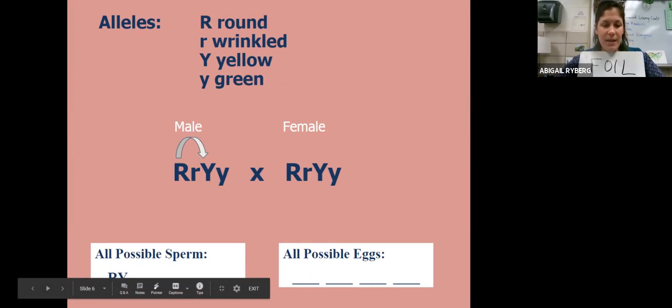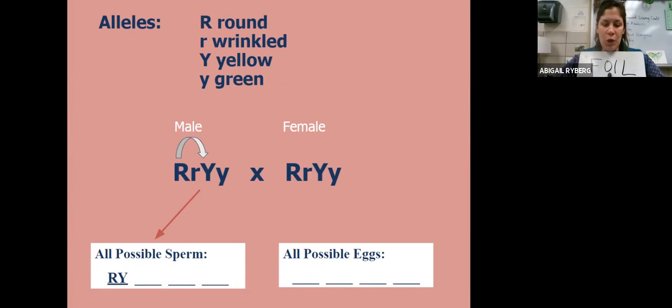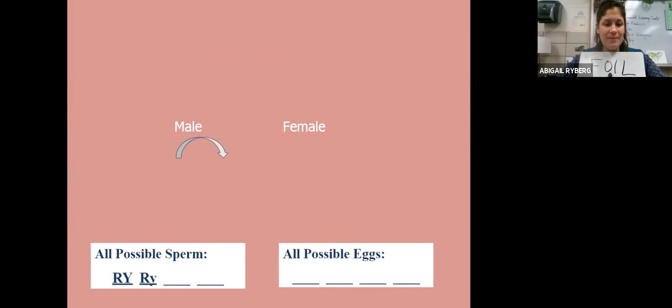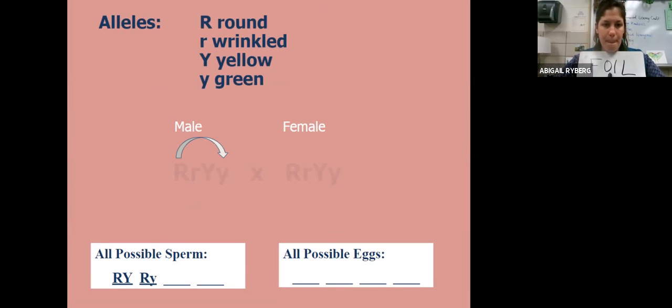The next possibility is the outer, so the outer R and the outer Y. So we get big R, little y.